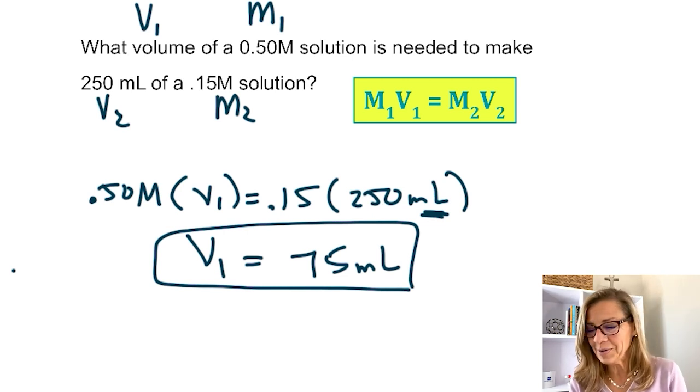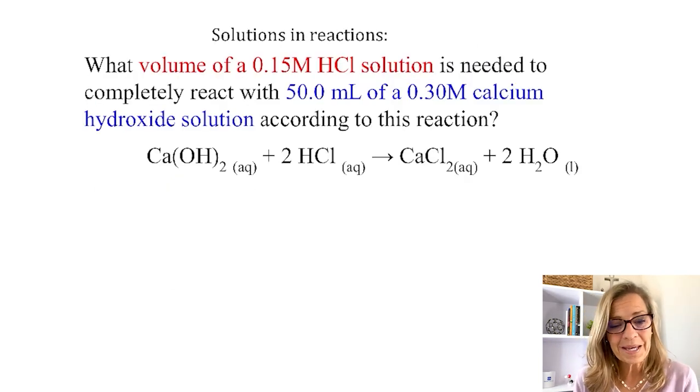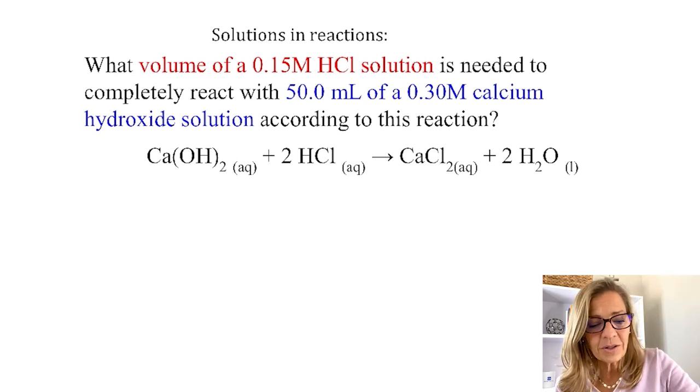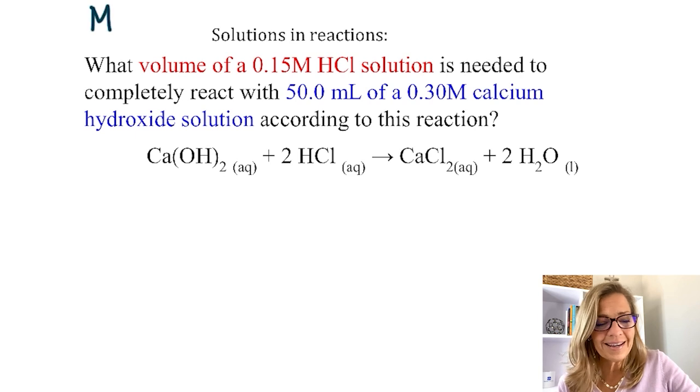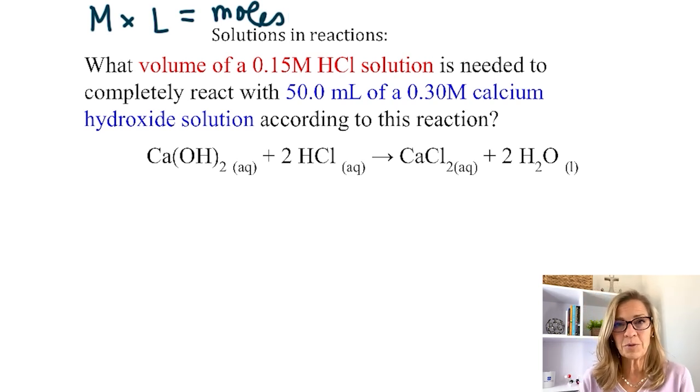Yes, it's reasonable. Okay, let's look at one more problem, and this is how a lot of chemistry problems begin: they give you concentrations and volumes. I want you to know this. Remember that concentration, so molarity, times liters is going to give you moles. A lot of times when we have stoichiometry problems, we need moles of things, right?